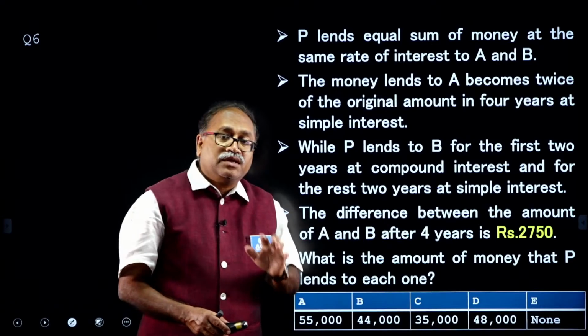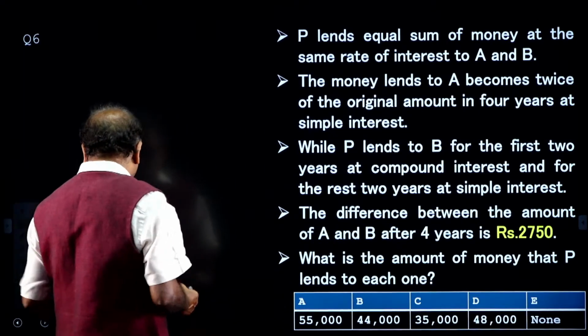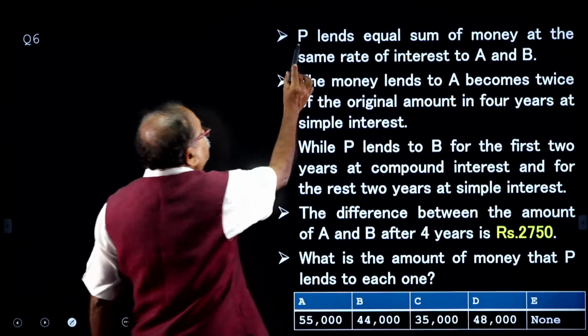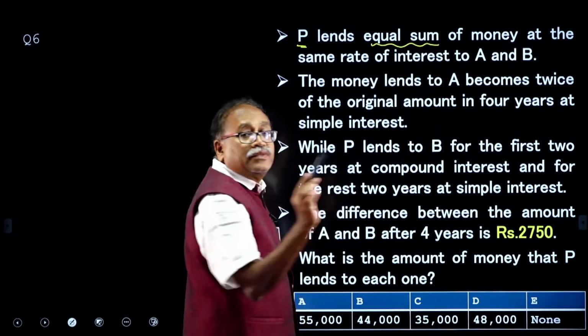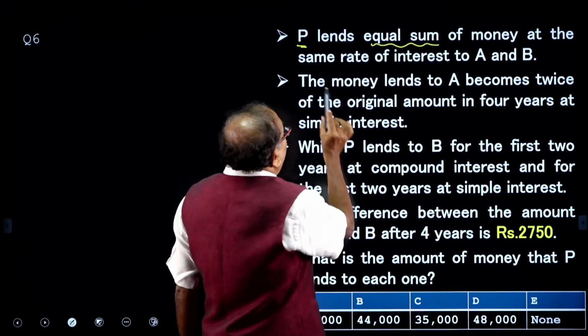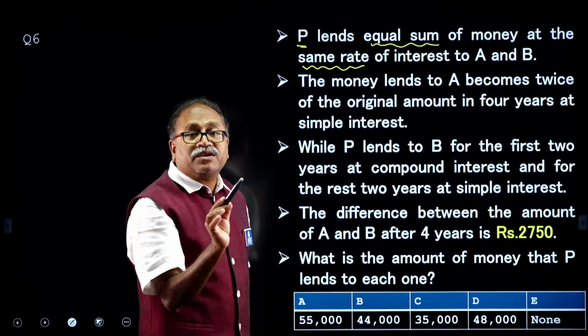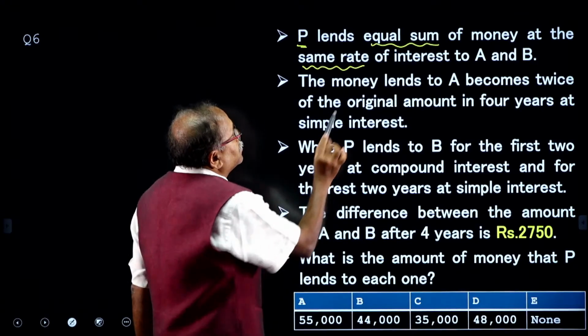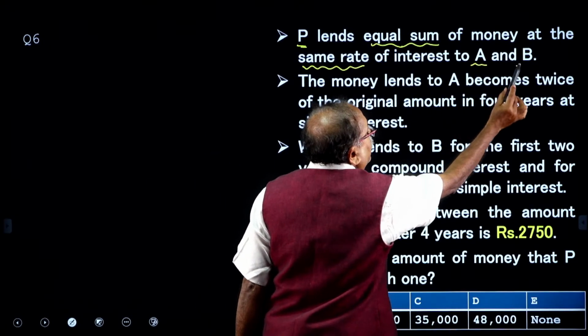We will answer it in the easiest possible way. Allow me to read this. P lends an equal sum at the same rate. These are all important terminology, do not miss that. Equal sum at the same rate of interest to A and B.